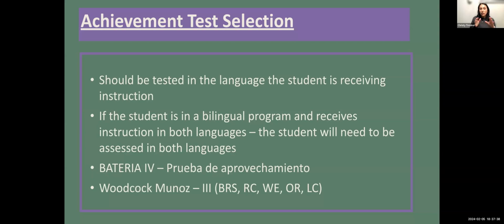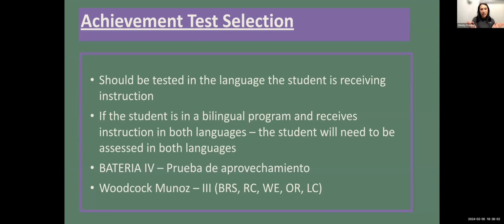Testing in both languages would be appropriate for that student because the student has received instruction in both languages. They may not be currently receiving the instruction in that language, but they've received it prior. If the student is in a bilingual program, as I just went over, the student will need to be assessed in both languages.